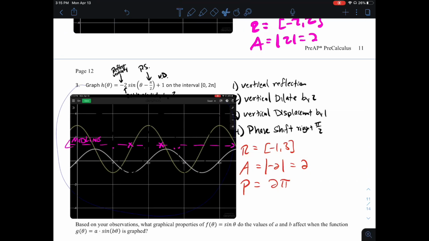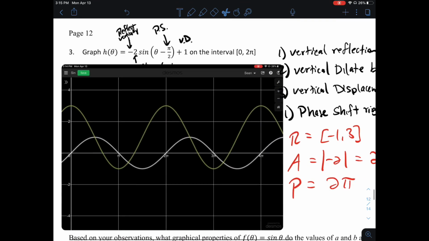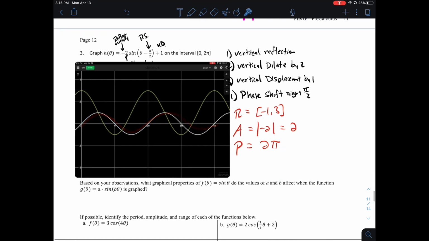To get rid of the stuff that I just drew. So we can see this graph here has the midline here at 1, goes up as high as 3, is down as low as -1, comparing to the parent graph, which is the white one. Good enough.